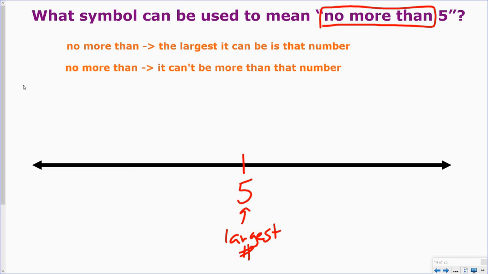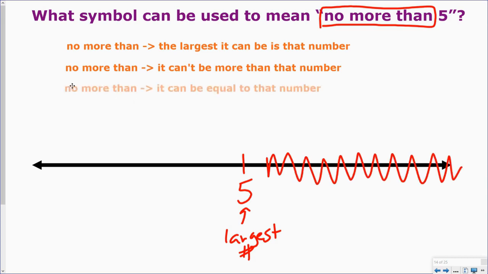No more than also means it can't be more than this number. So that means I can't have anything over here. No more than also means it can be equal to this number. So that means I can put my dot on here showing that it's equal to that 5.